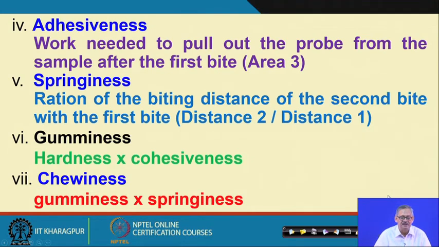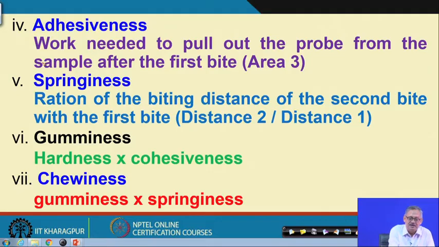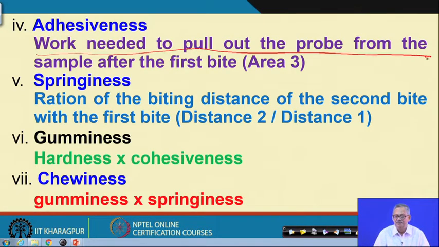Next, adhesiveness: the work needed to pull out the probe from the sample after the first bite. The whole material is between your two teeth, so it is stuck like that.